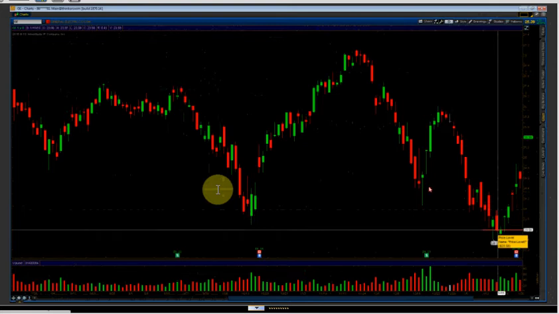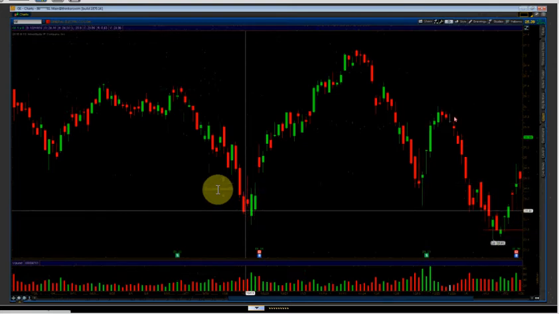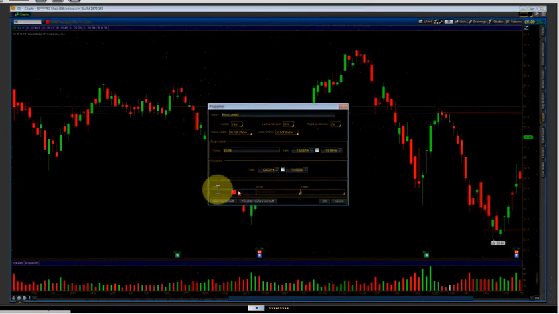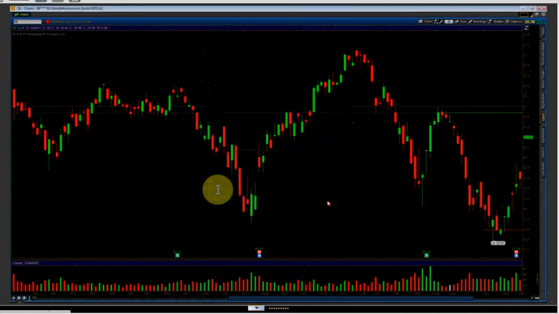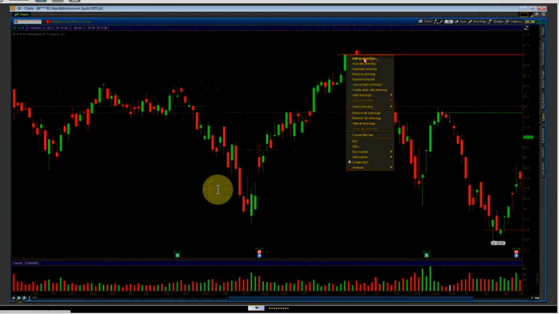So whether I was using this low right here that led to this high, and I'll just go ahead and put a line and color that one green, or I was using this low right here that led to this high.